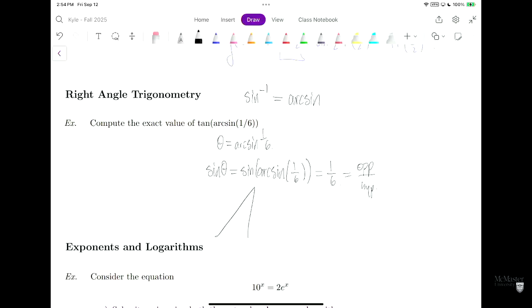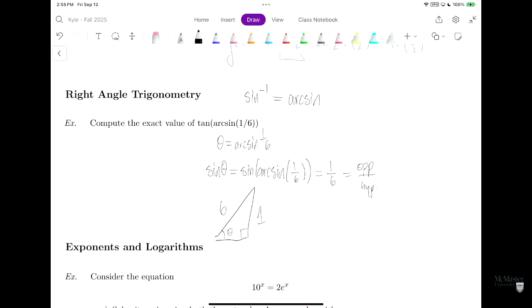So let's draw a right-angled triangle. We'll let theta be our angle. Our opposite side is going to be 1, and our hypotenuse is going to be 6. Question? Where's the tangent? We're getting there, very good question. Does anyone remember what the tangent of this angle is equal to?